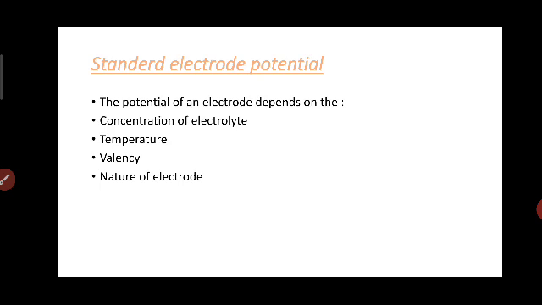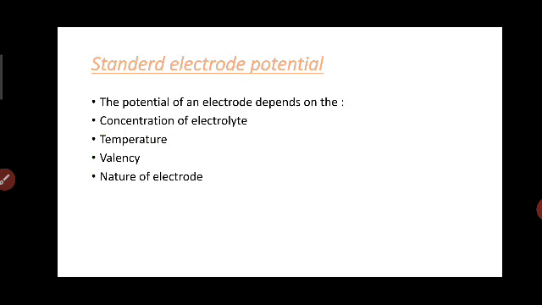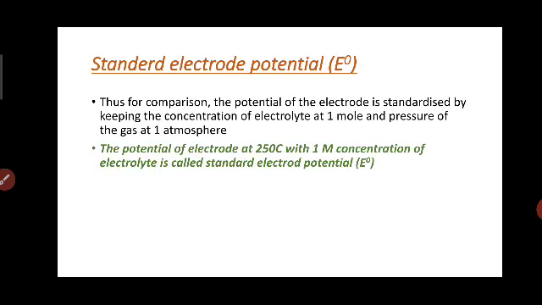So the potential of an electrode depends on the concentration of electrolyte, temperature, valency, nature of the electrode, and pressure. Then we make these standard values. Then those electrode potentials are called standard electrode potentials, which we represent with E naught.